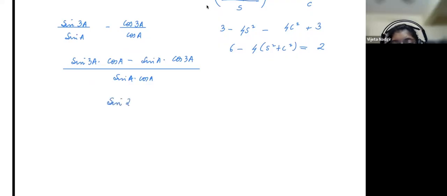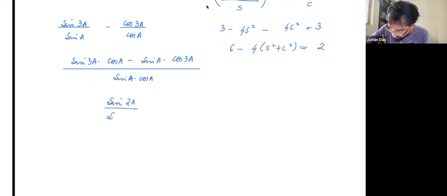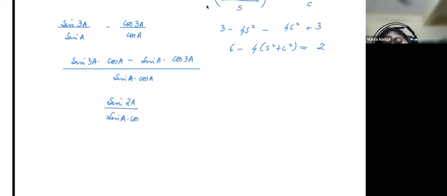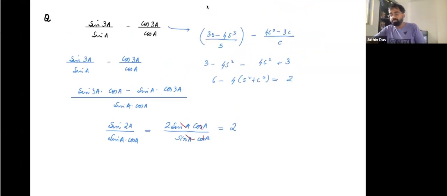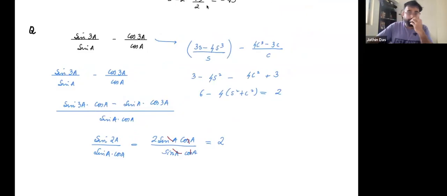So it is sin 2A by sin A cos A. Now if I expand this, sin 2A is 2 sin A cos A, divided by sin A cos A, you are going to get this. Any method is fine. Clear? 1 second.